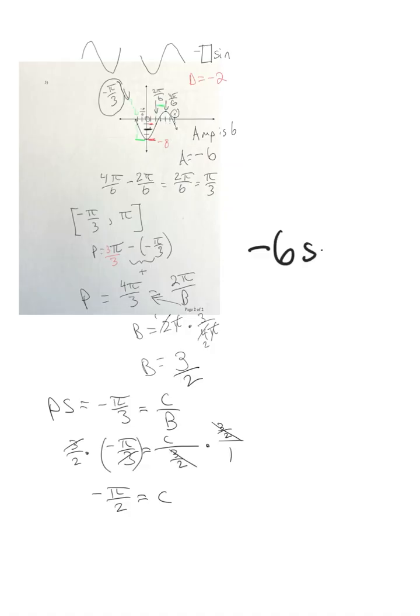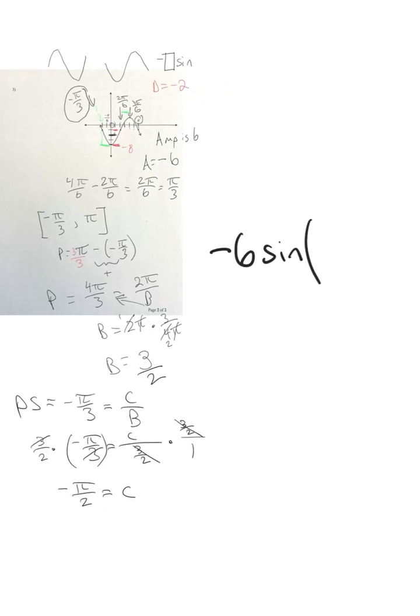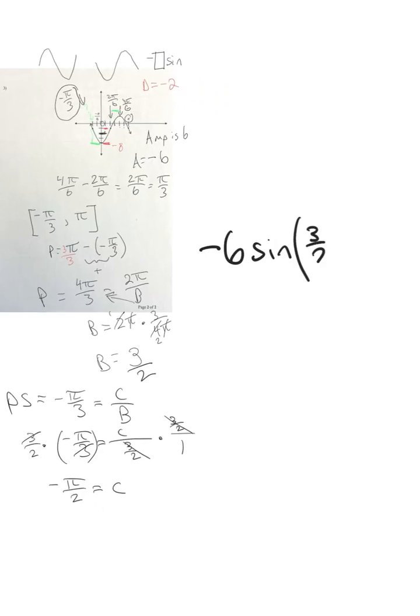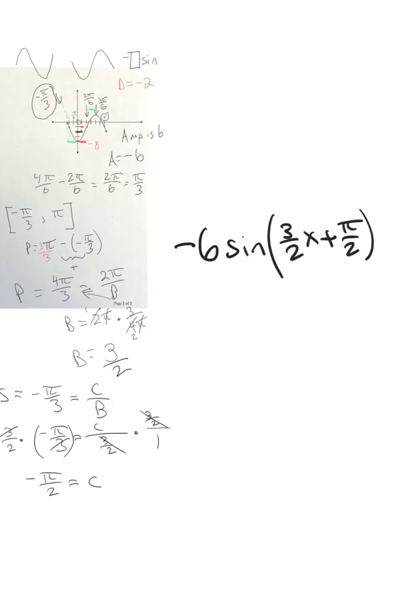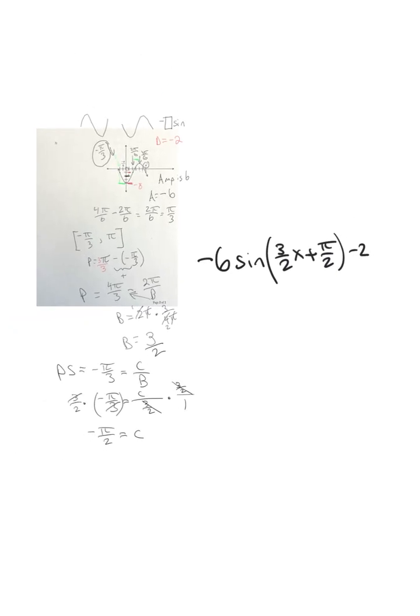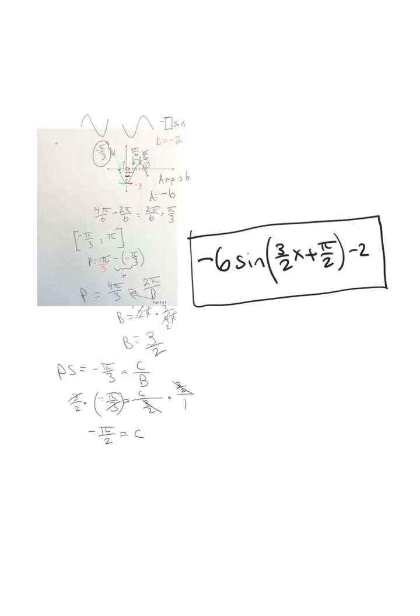Then remember, this was sine of B, which was 3/2 x. C was negative pi over 2, so minus the negative is plus pi over 2. And way back at the beginning, we found D was -2. So that's our answer. We put a box around it. How exciting.